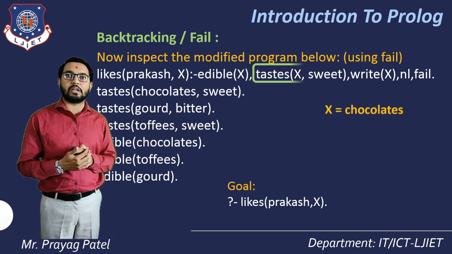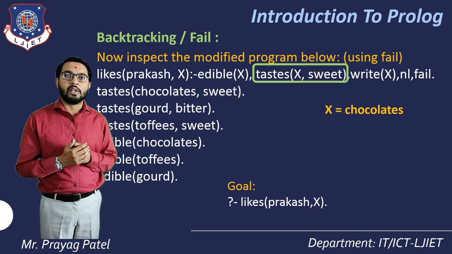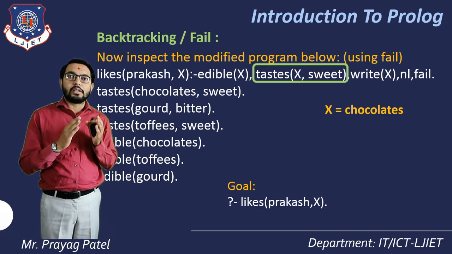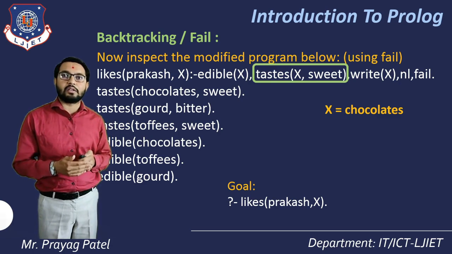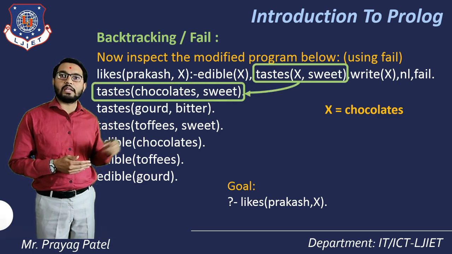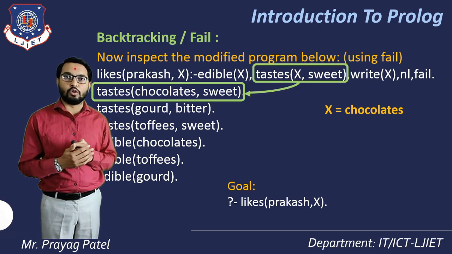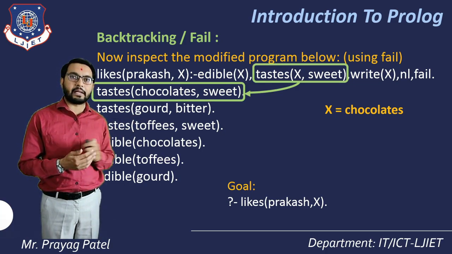Now check the second statement, taste x sweet. The value of x is chocolate, so match the rule chocolate taste sweet. So the second rule is this: chocolate taste is sweet.